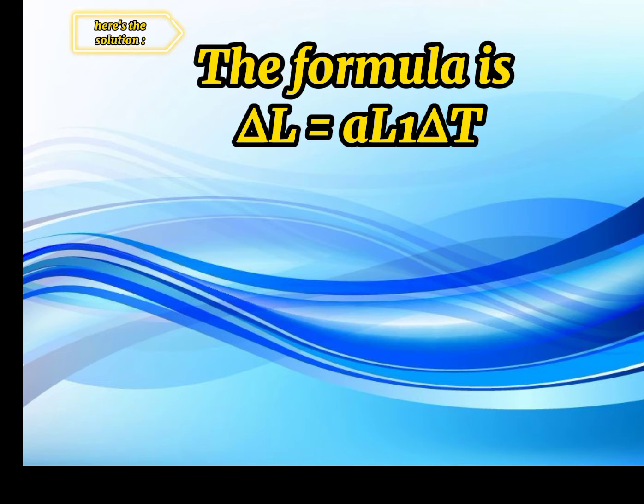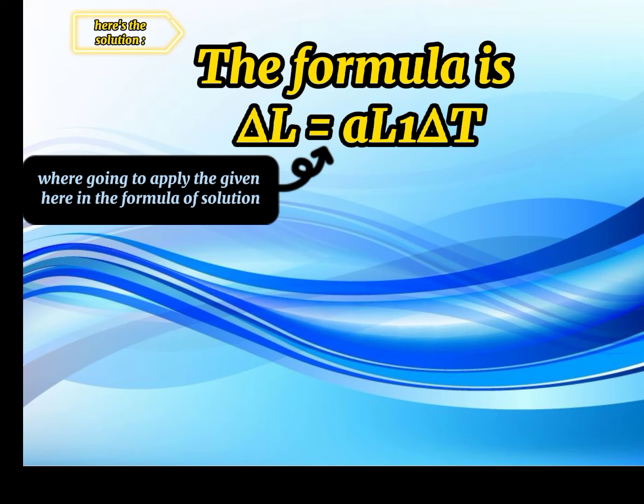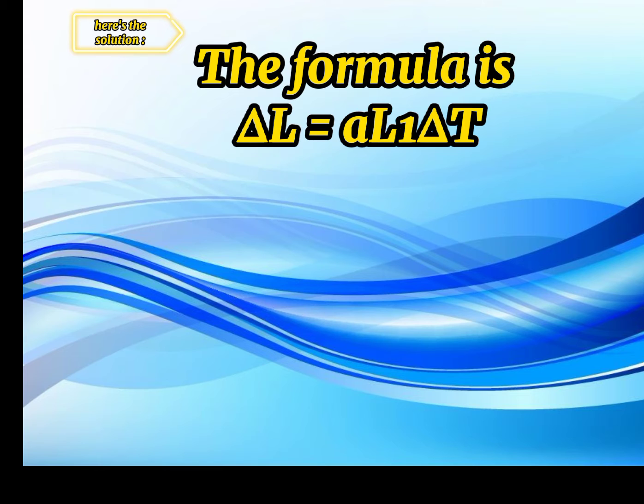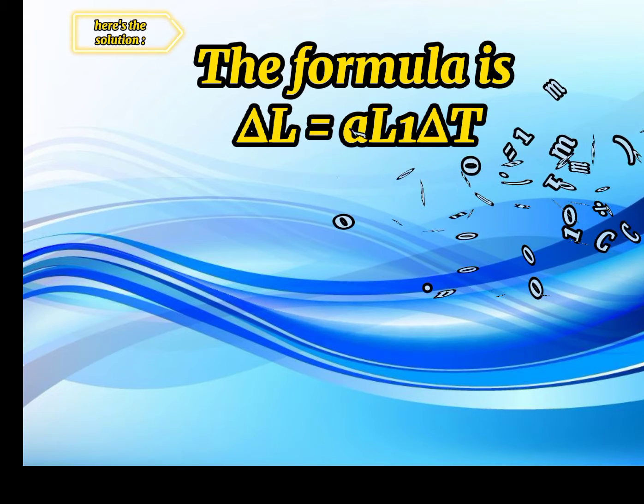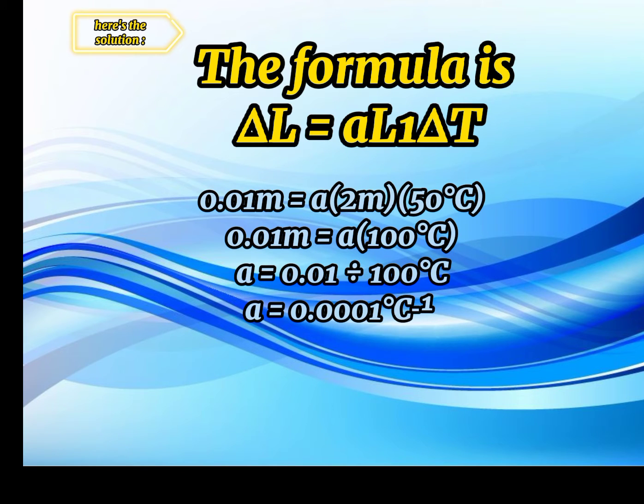Here's the solution. The formula is the change in length equals the coefficient of linear expansion times initial length times change in temperature. We are going to apply it to our given. 0.01 meter is equal to α times 2 meters times 50 degrees Celsius. 0.01 meter equals α times 100 meter degrees Celsius.